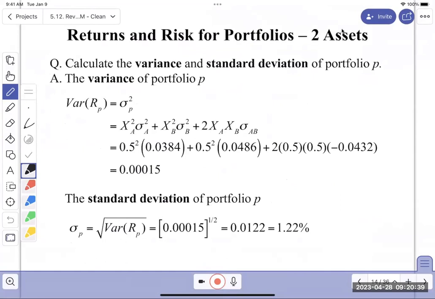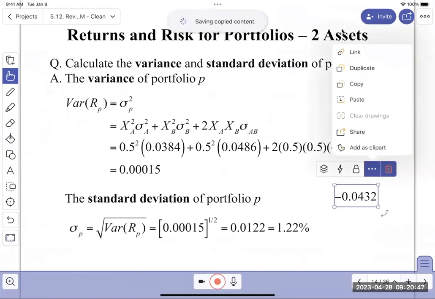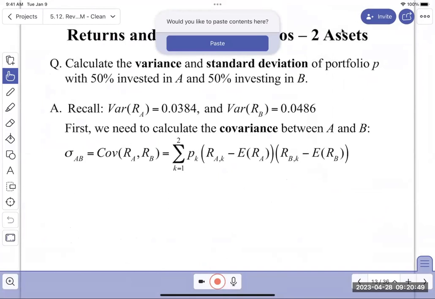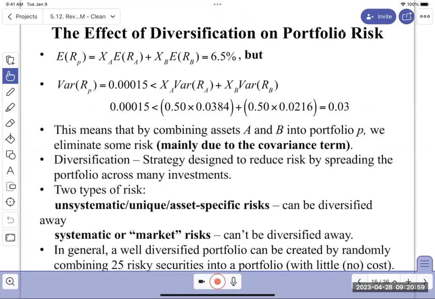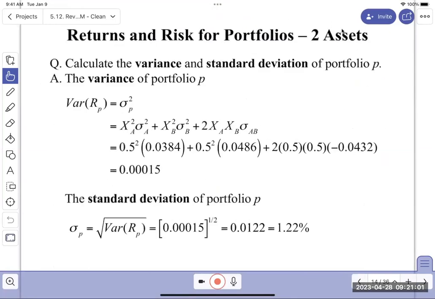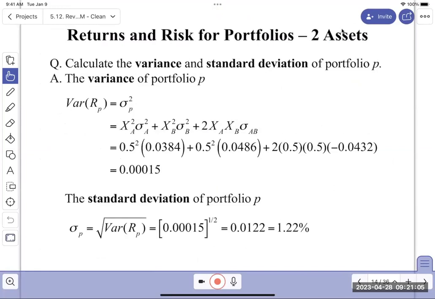It's over here. That wasn't good. So anyway, it's basically negative 0.0432.